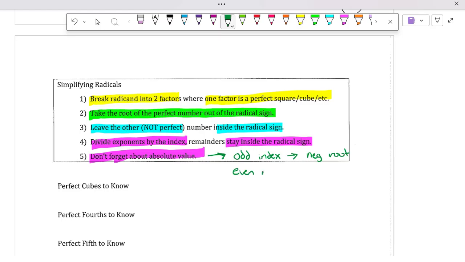Even index, there's no negative root. It would be imaginary. So that's what it means by remembering the absolute value stuff.